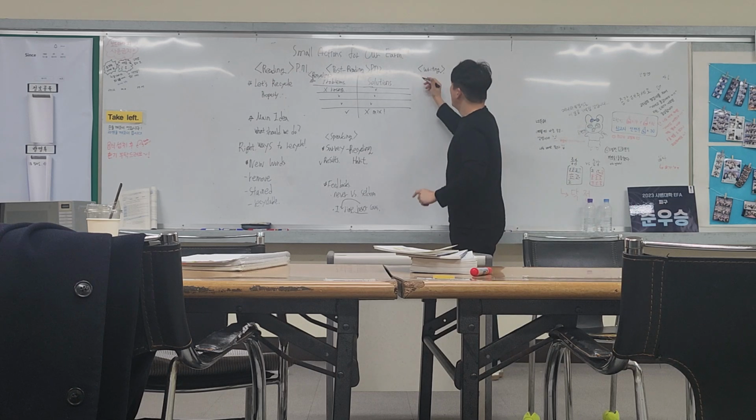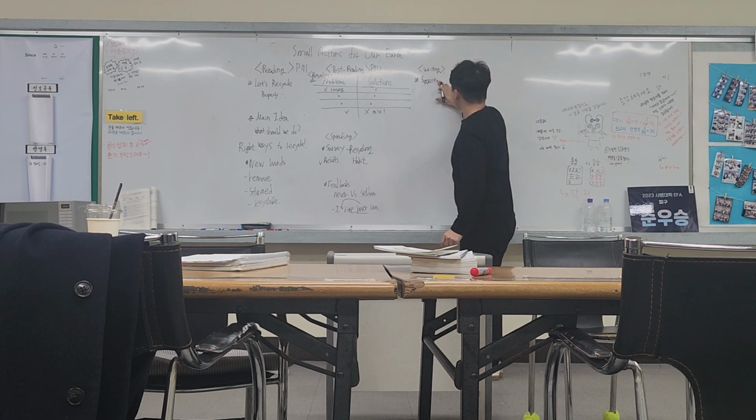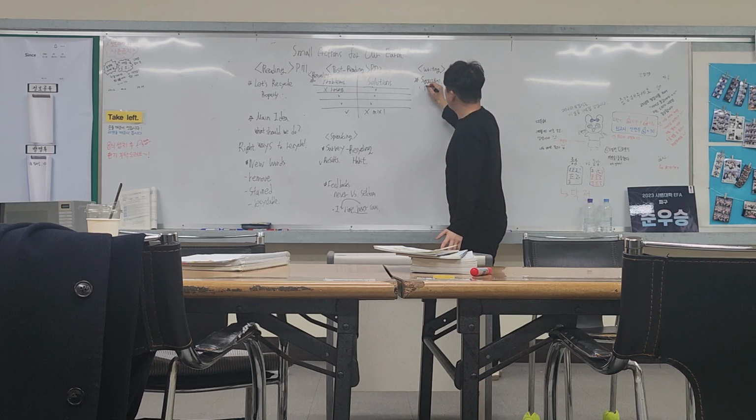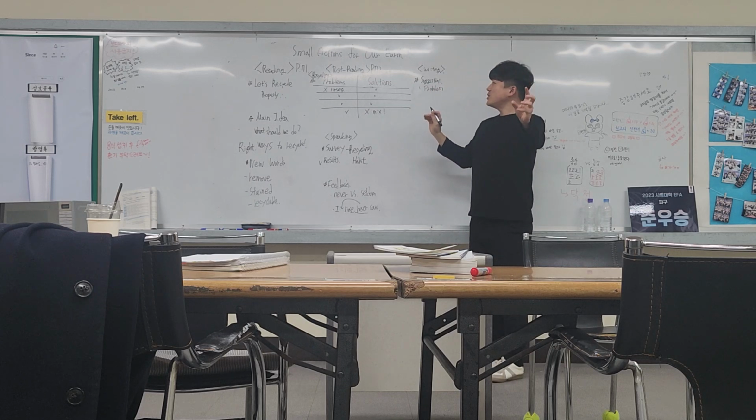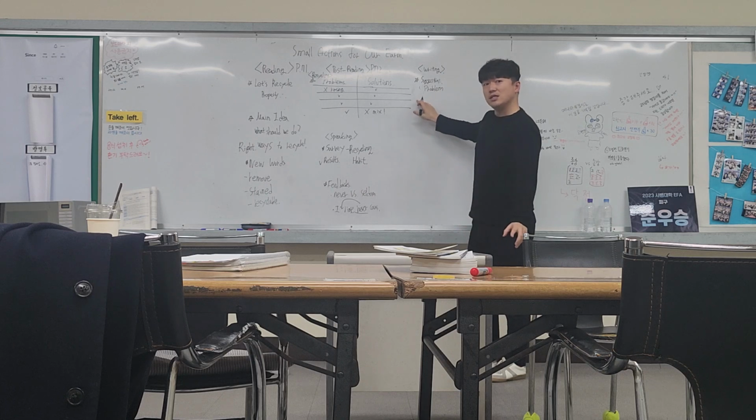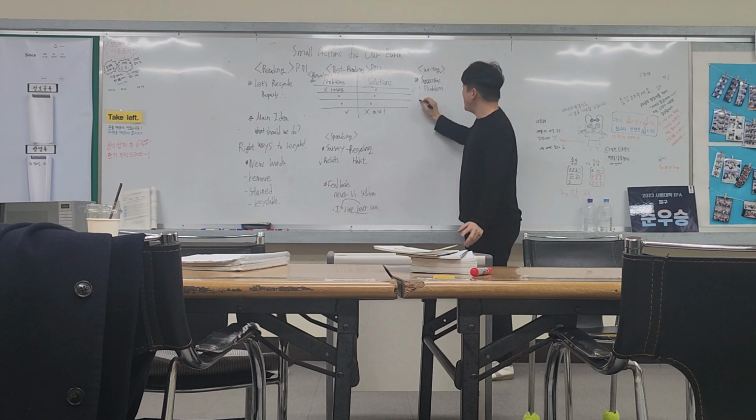Okay? So, what do we do first? Can you tell me? Let's check it out. Suggestions. The first one. Yes, good, Minje. Try to find the most problem using what? Yes, use the survey result in speaking, and then what?